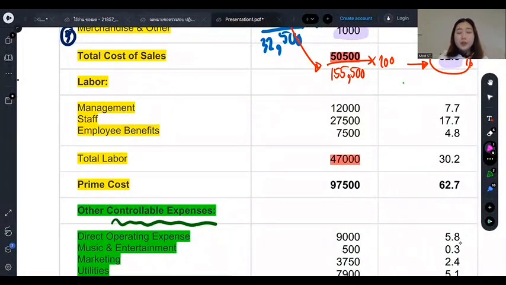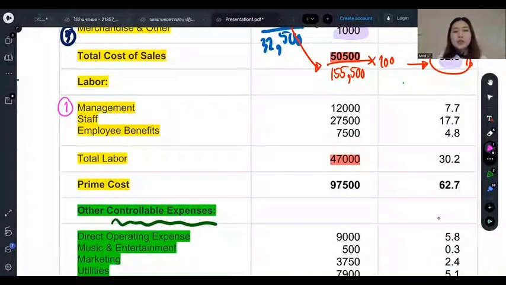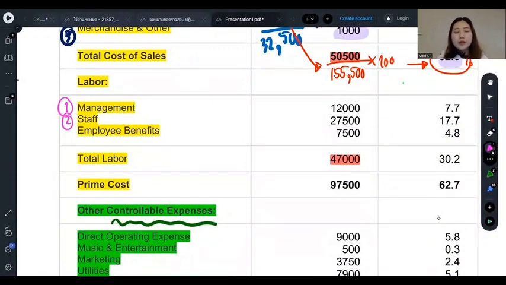For labor cost, we also have three parts. The first one is management, which costs 12,000. The second one is staff. Staff cost of our restaurant is 27,500.